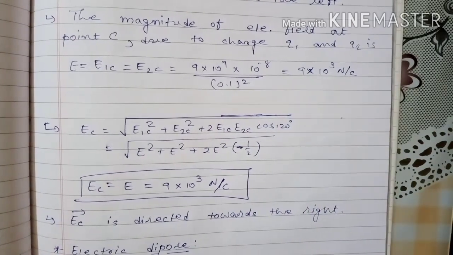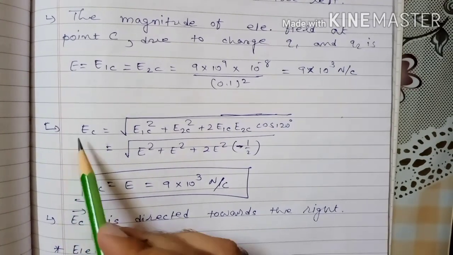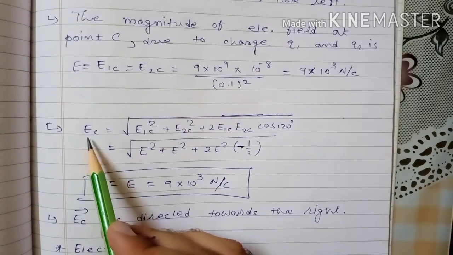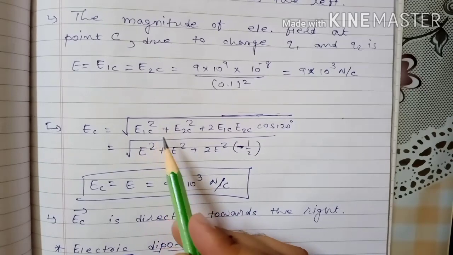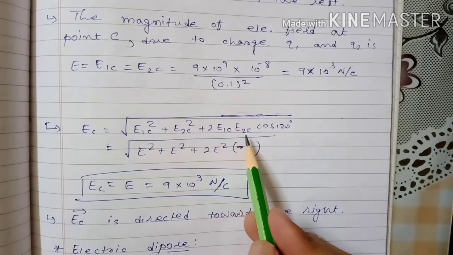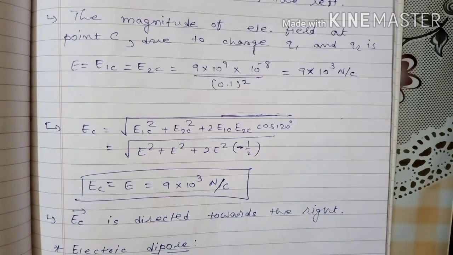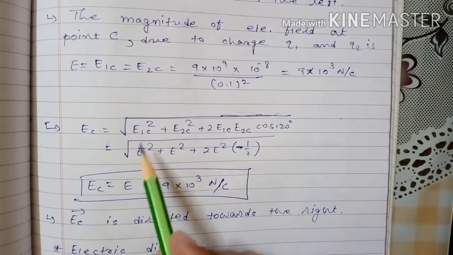Now, the angle between E1C and E2C is 120 degrees. So the net electric field at point C, EC, is equal to under root of E1C square plus E2C square plus 2 E1C E2C cos 120. We know the value of cos 120 is minus 1 by 2.